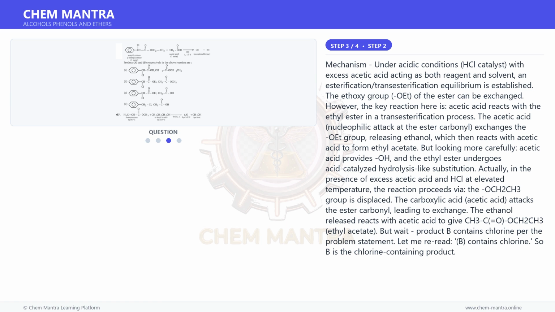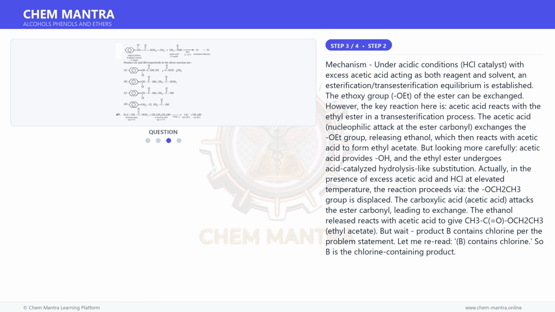The acetic acid, by nucleophilic attack at the ester carbonyl, exchanges the OH group, releasing ethanol, which then reacts with acetic acid to form ethyl acetate. But looking more carefully, acetic acid provides O, and the ethyl ester undergoes acid-catalyzed hydrolysis-like substitution.